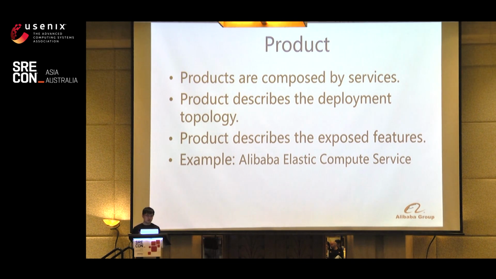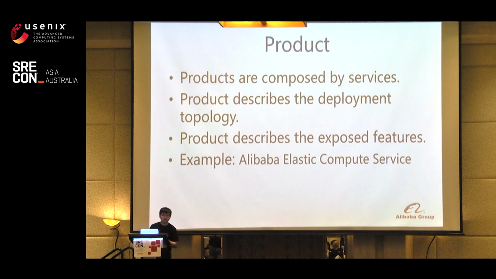One important thing in the product is to describe the deployment topology, because even if the software services are the same, deploying them with different deployment topologies will actually get different products. Products also describe the exposed features, like what we will have for the end users.